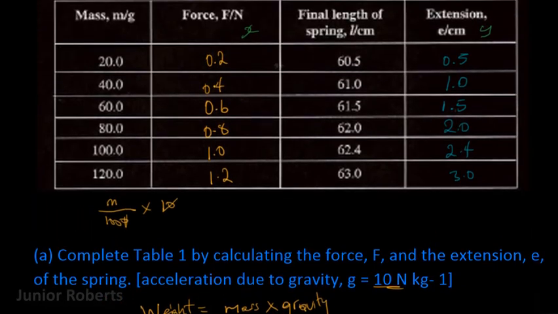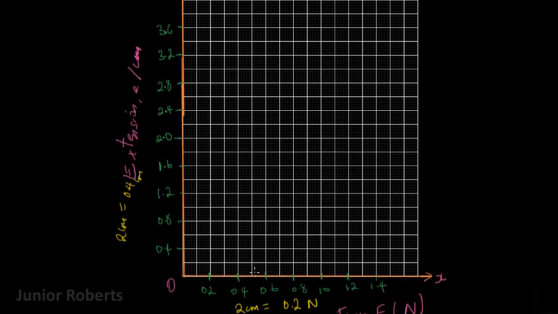When the force is 0.2 newtons, our extension is 0.5 centimeters. So 0.2 maps to 0.5. I'm going to put my first point right here, and I'm going to be using dots in circles to plot the points.